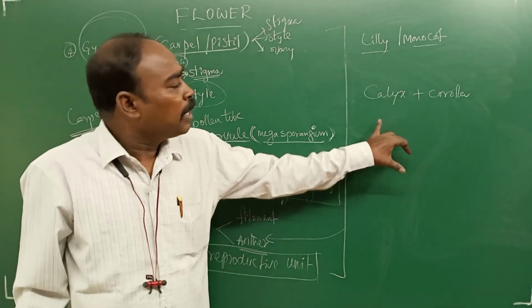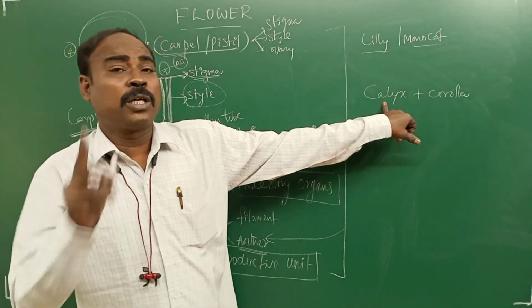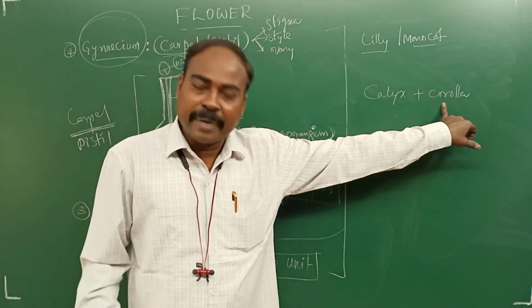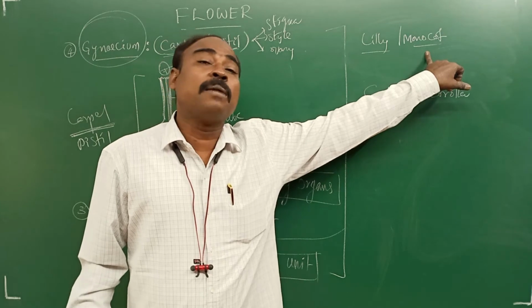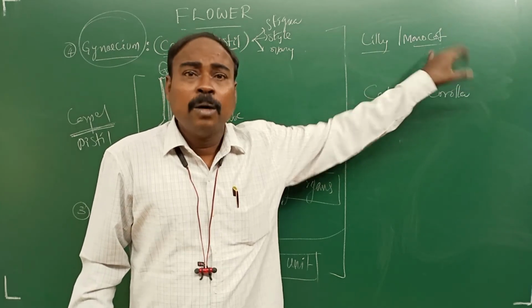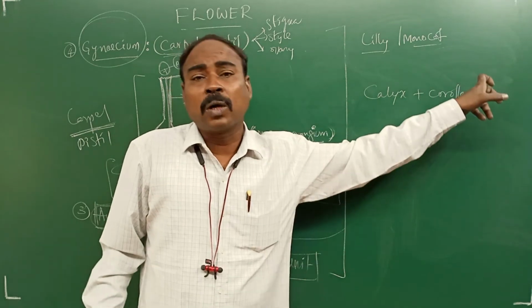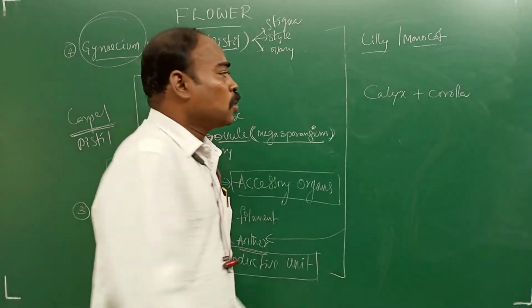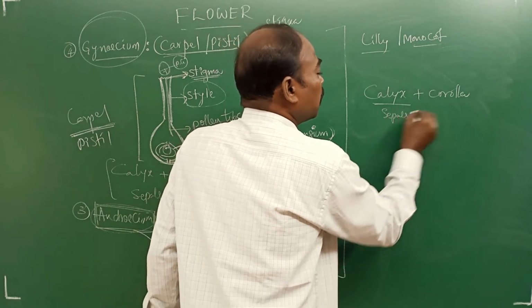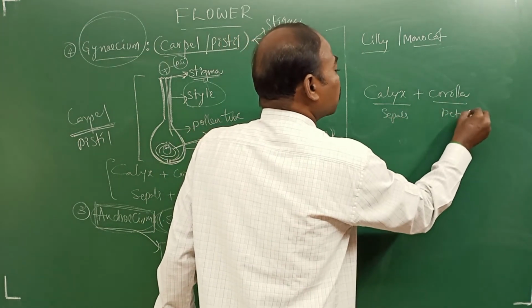We said the calyx has sepals which are green in color, and the corolla is in a different color. But in lily or in the majority of monocot plants, the flowers produce calyx and corolla of the same color.